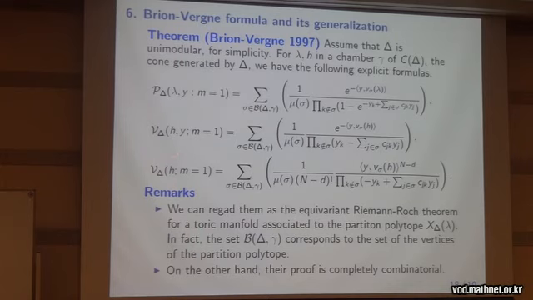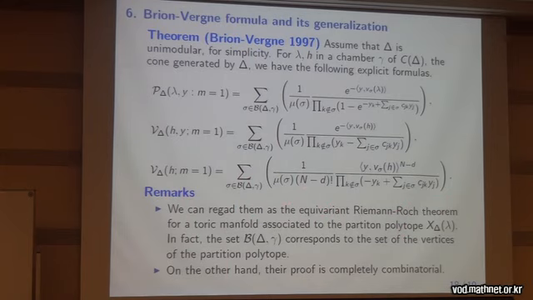I don't want to go into the details of the notation, but I want to give you some remarks. We can regard this explicit formula as equivalent to the Riemann-Roch theorem for a toric manifold associated to the partition polytope.